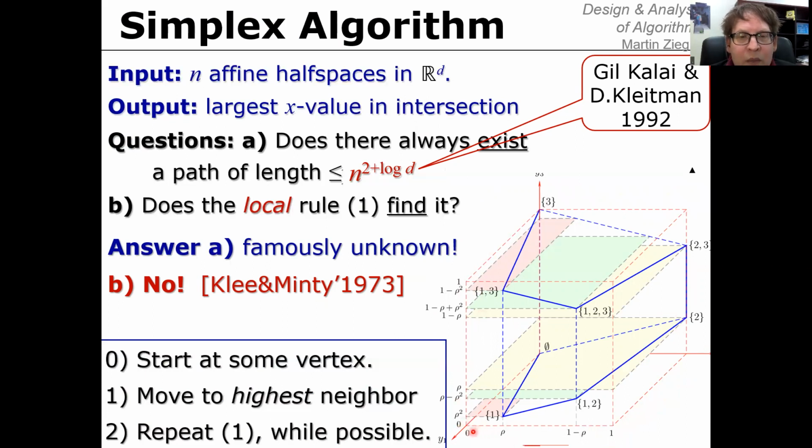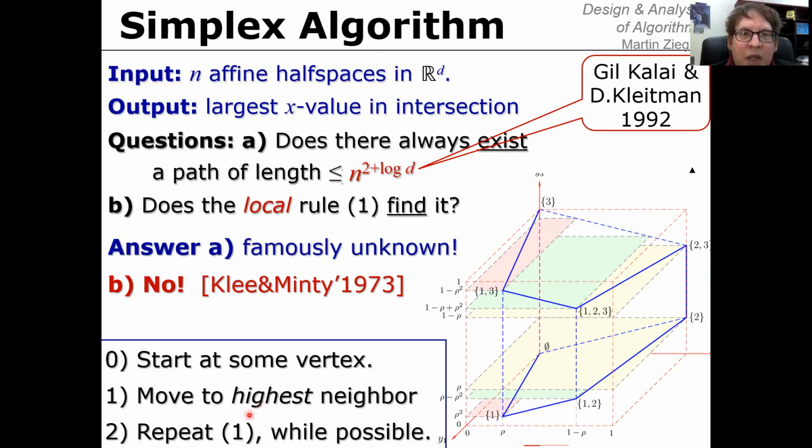The Klee-Minty cube slightly perturbs every single vertex of this cube in such a way that there's a very short path from bottom to top, but the simplex algorithm chooses this, and then this, and then this, and then this, and then this, and this. This is basically like a Hilbert cube, if you know what I mean. So it takes a very long path to reach the top, although there are short paths.